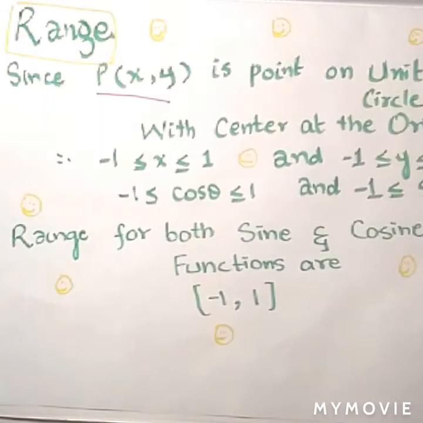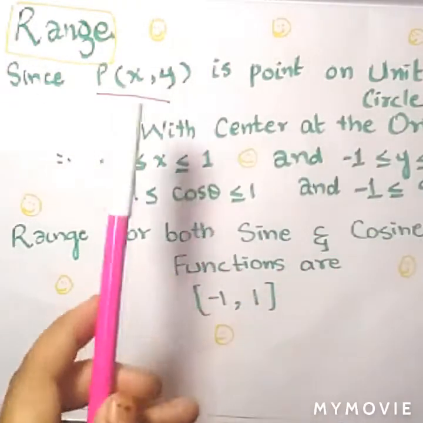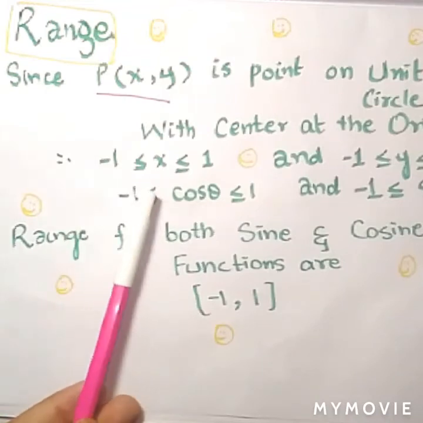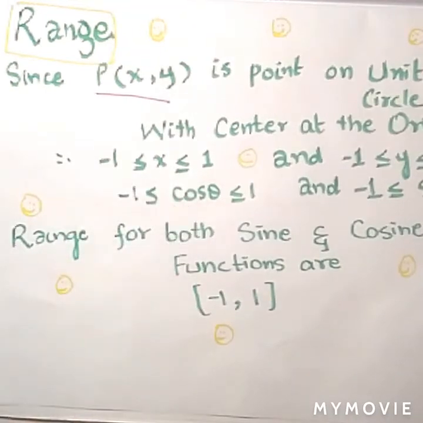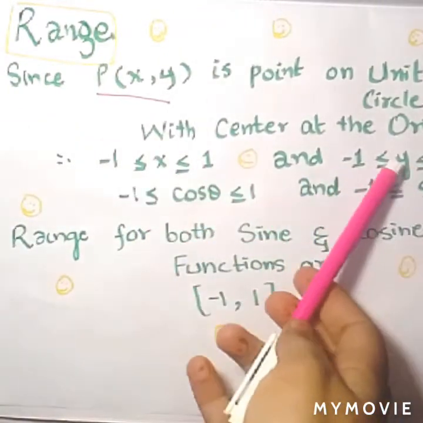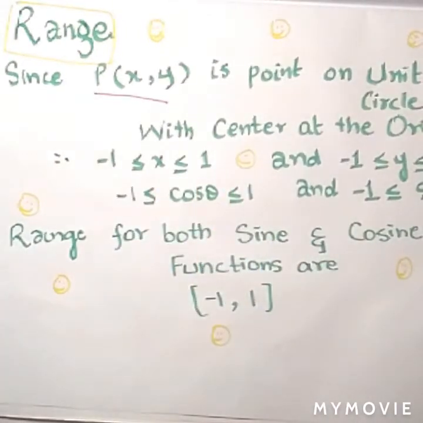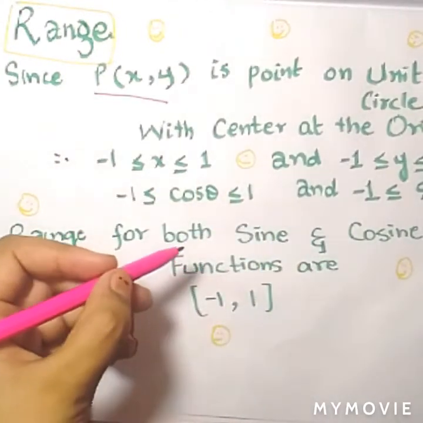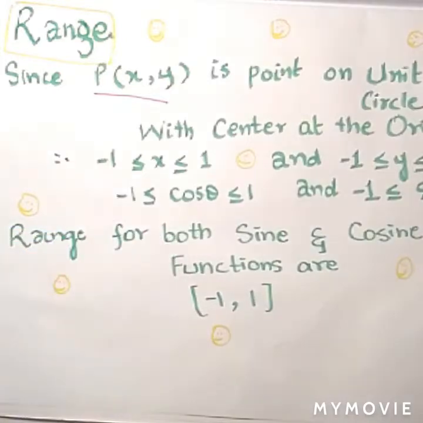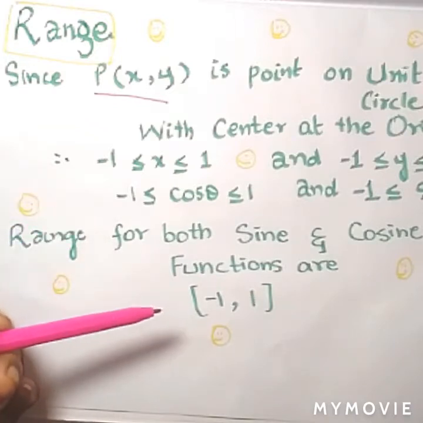This is on the unit circle with center at the origin O: minus 1 is less than or equal to x less than or equal to 1, and similarly for y, the variable. Why do we say minus 1 to 1? Because minus 1 to 1 are the values in between which the range of sine theta and cos theta lies.